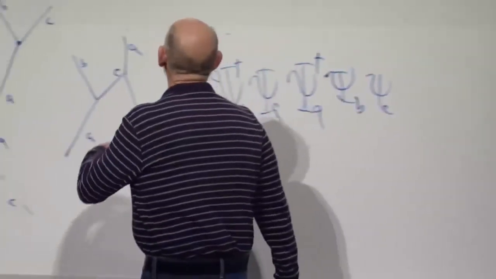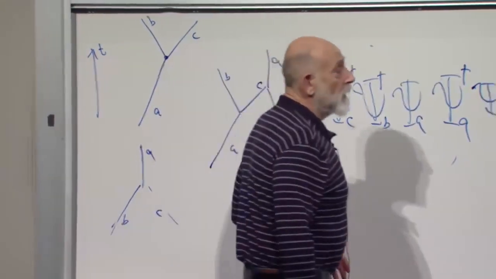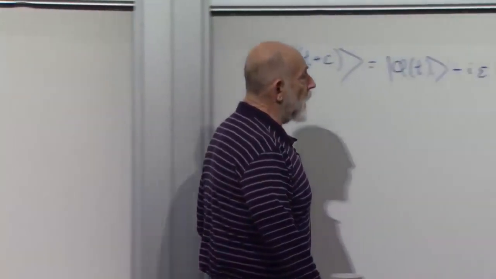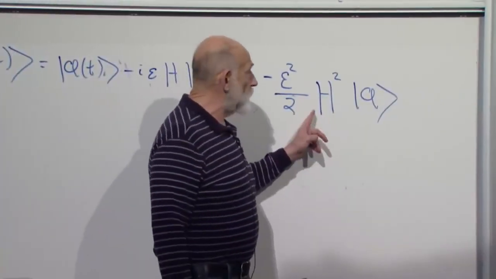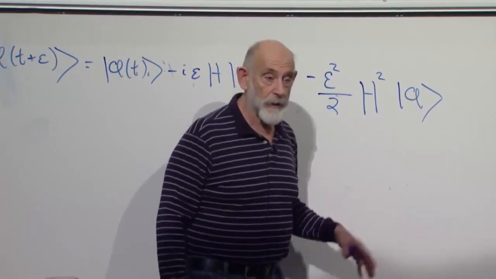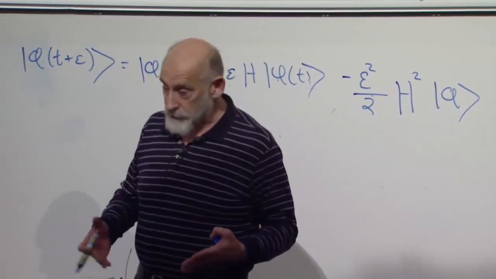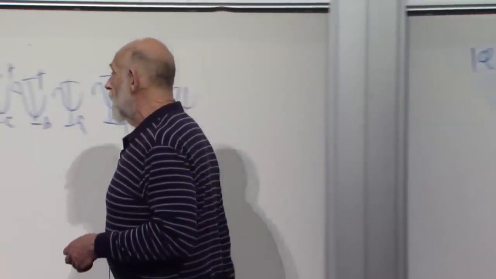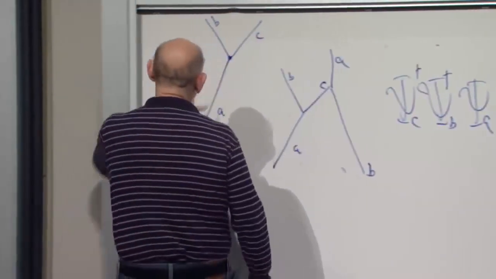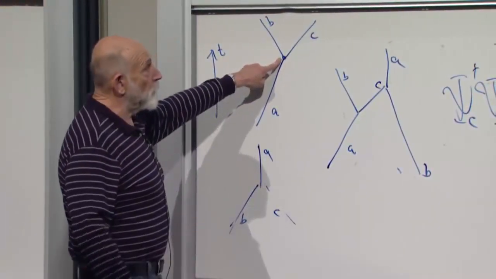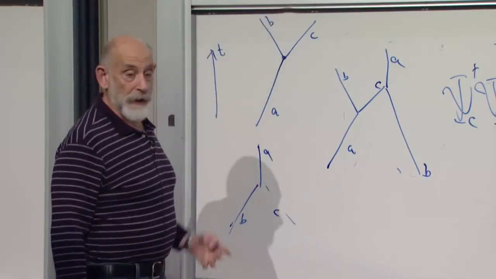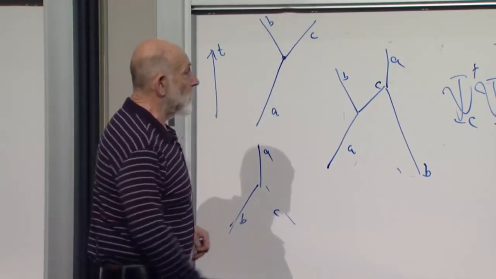For example, the coupling constant, yeah. If there's a coupling constant governing a term in the Hamiltonian here, then when you square the Hamiltonian, you might get the coupling constant squared. In fact, you would here. Each one of these vertices, these are called vertices, they carry a coupling constant in the Hamiltonian.